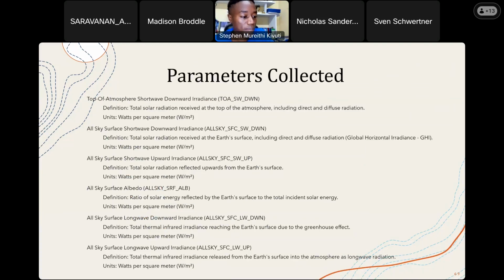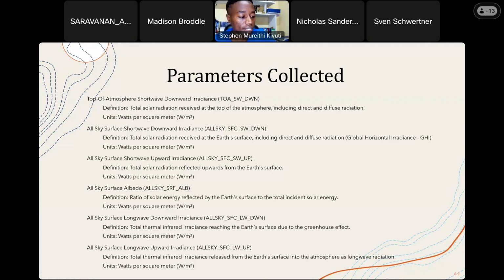Okay, so these are the parameters collected from POWER. We have atmosphere shortwave downward irradiance, all sky surface shortwave downward irradiance, all sky surface shortwave upward irradiance, all sky surface albedo, all sky surface longwave downward irradiance, and all sky surface longwave upward irradiance.